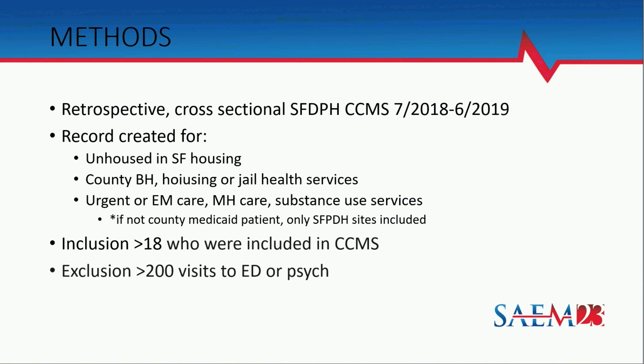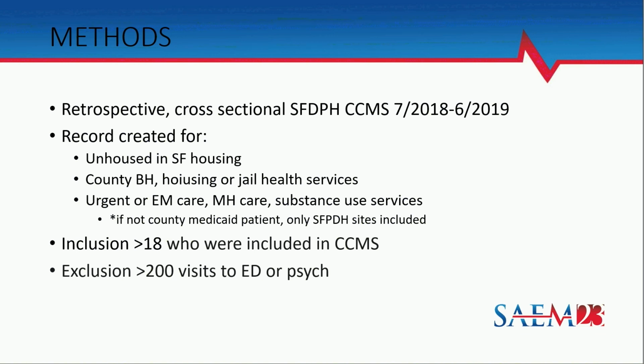This SFDPH-CCMS is a system in San Francisco which makes a chart for every individual who has ever accessed housing services, behavioral health services, jail health services, or any San Francisco housing itself. And then also it records urgent or emergency care visits, mental health care visits, substance use services. So it's a pretty extensive repository of exactly the things that we need to be looking at.